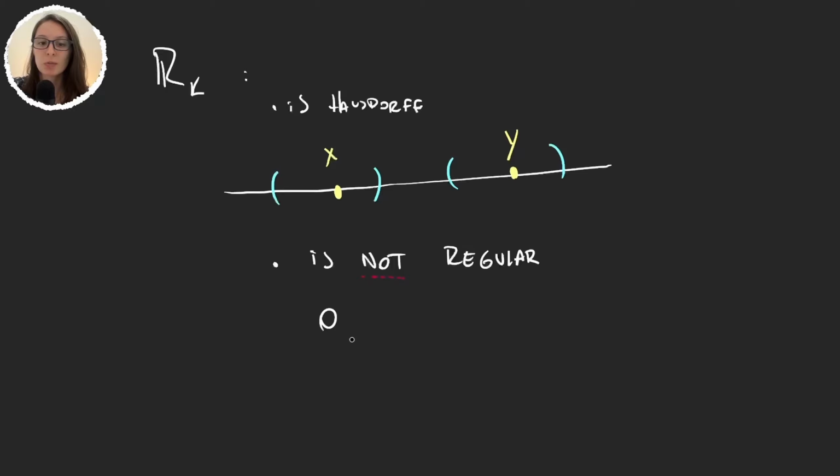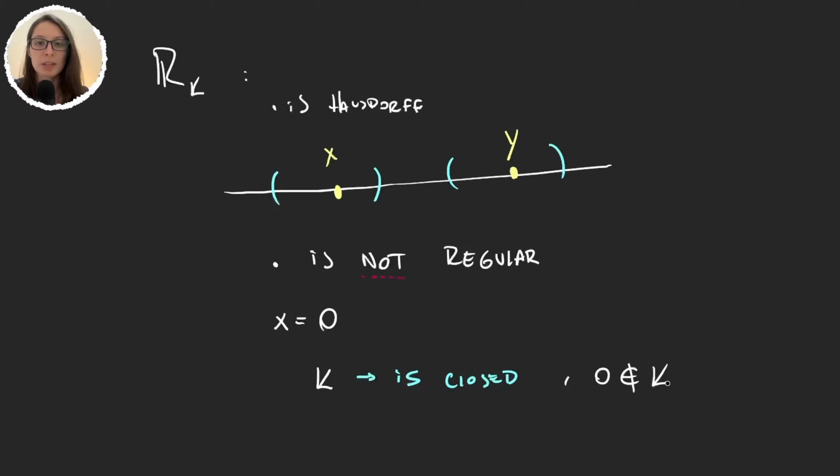So let's take 0 to be our element x, and the closed set that doesn't contain 0 is going to be K. K is trivially a closed set, because remember that we define the open sets to be intervals minus K, so K cannot be open. So K is a closed set, and K does not contain 0, because remember that K was the set formed by numbers of the form 1 over n, where n was a natural number. So it didn't contain 0.